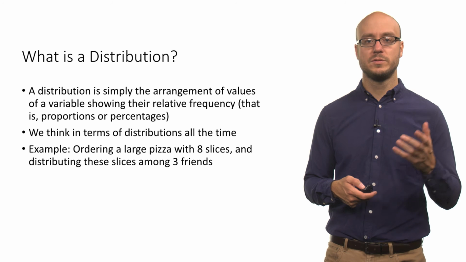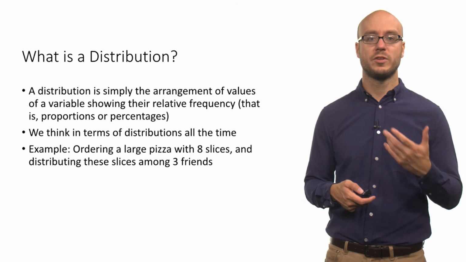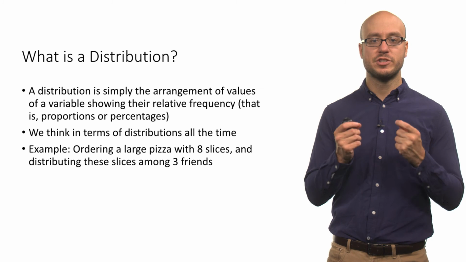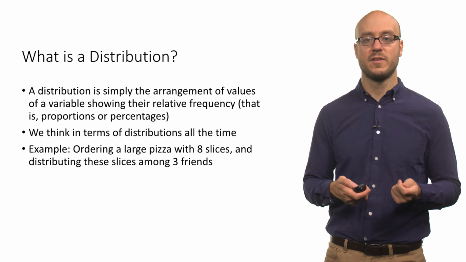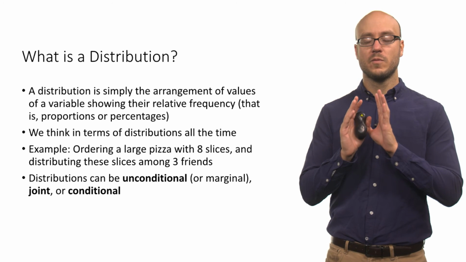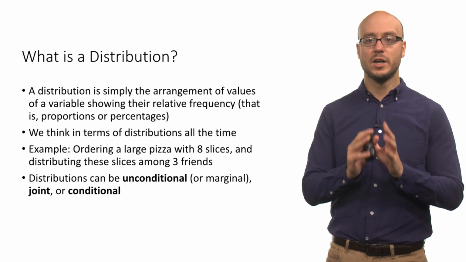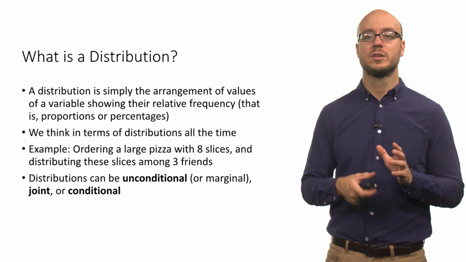We think of distributions all the time. Suppose you order a large pizza with 8 slices, and you have to distribute these slices among your 3 friends. When you make this sort of distribution, you can talk about a distribution that is unconditional or marginal, joint, or conditional.